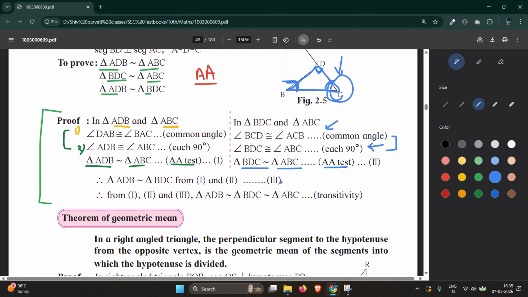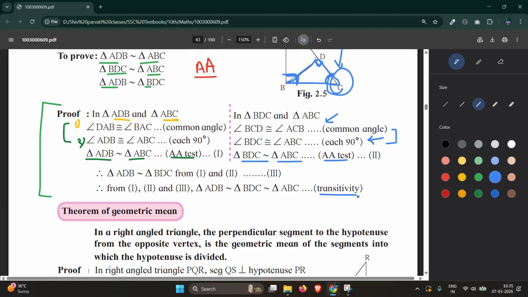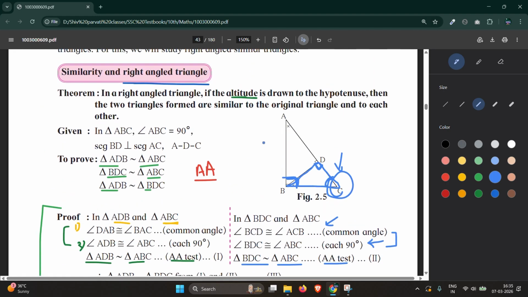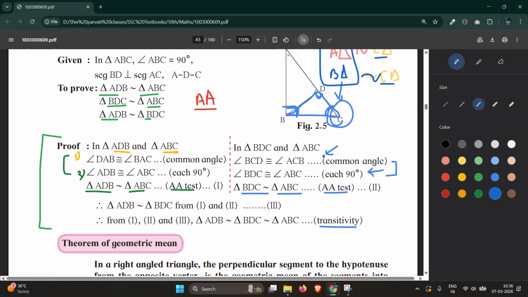And in the last chapter, we also learned about a property called transitivity, where let's say there is a triangle A which is similar to a triangle C, and then we have another triangle B, which is also similar to this triangle C, then A and B both are also similar to each other. That is just the property.